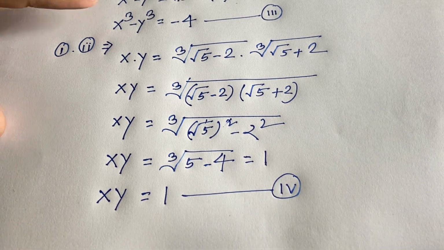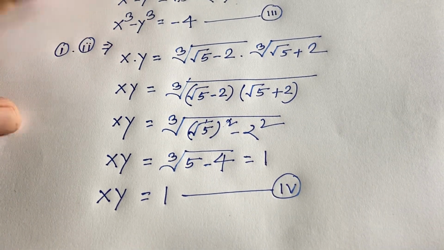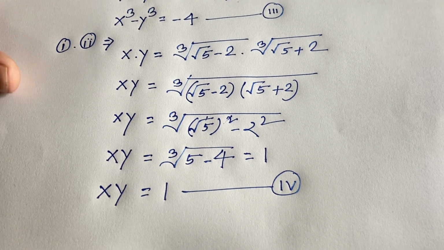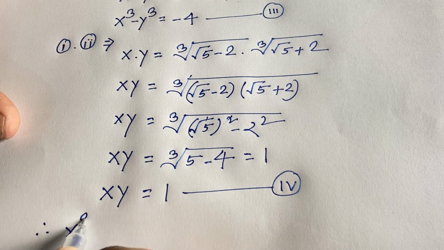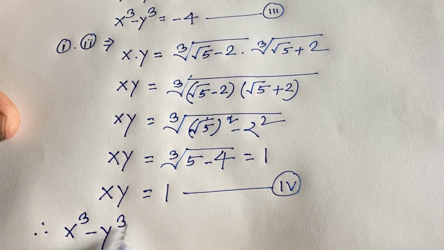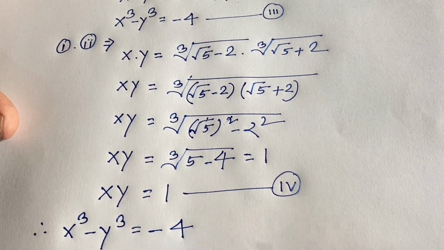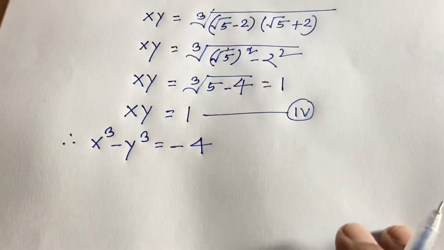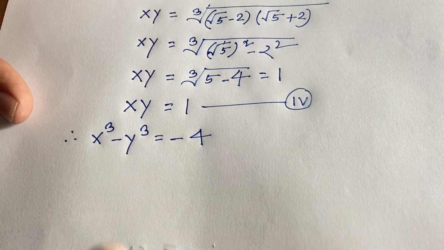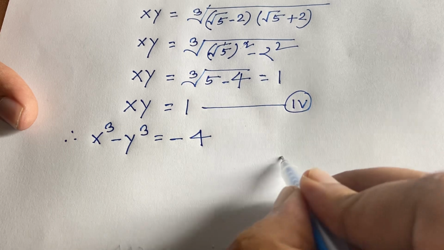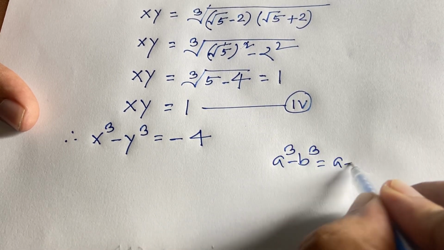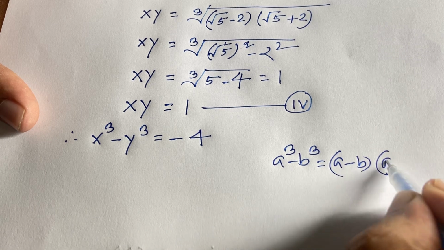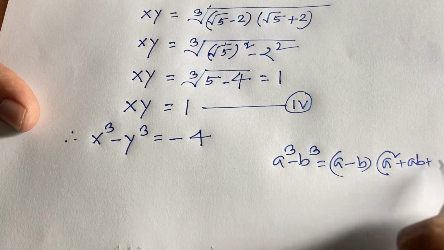But remember that our third equation is x cubed minus y cubed is equal to minus 4. So I put this value in this. At this moment I use the identity a cubed minus b cubed equals a minus b times a squared plus ab plus b squared.